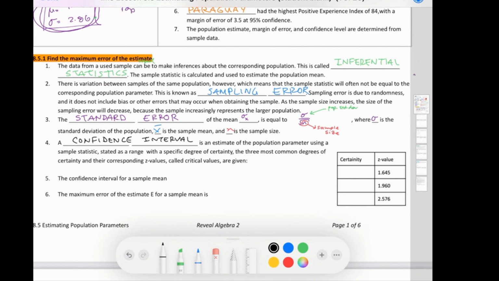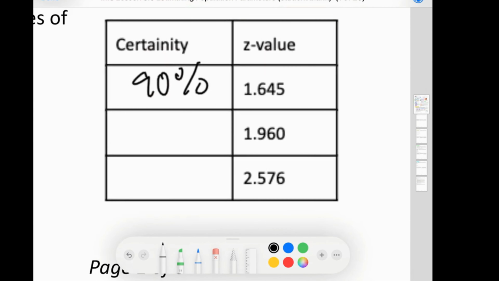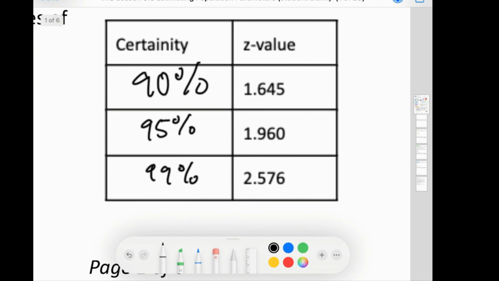So in this chart, go ahead and fill it out. 90% has a z-value of 1.645. So if you look up 0.90 on our table from our previous lessons, you'll get the number 1.645. We also have 95% with a z-value of 1.960, and 99% certainty has a z-score of 2.576.